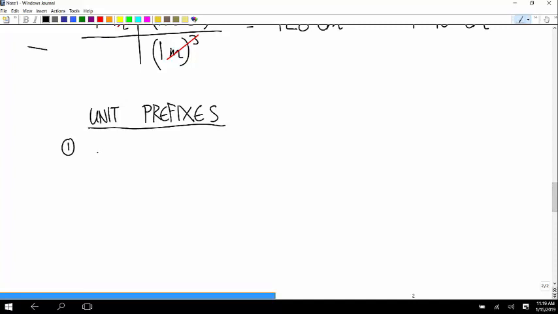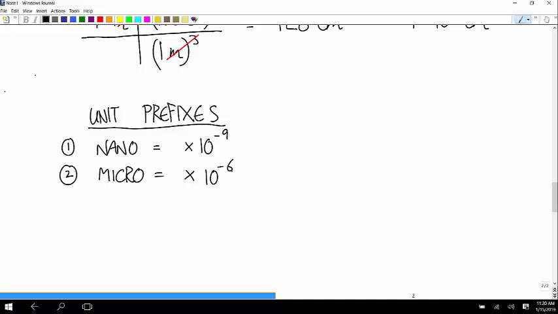So first, nano, we'll think of that as meaning times 10 to the minus 9th. So each one of these is just going to be equal to a factor. And I'm just going to tell you what that factor is for each one. The second one is micro. That's times 10 to the minus 6.